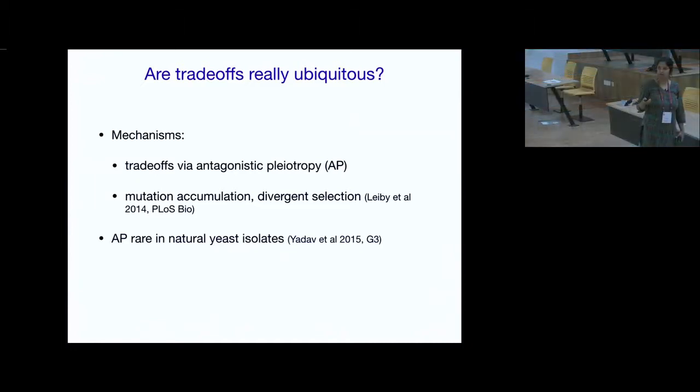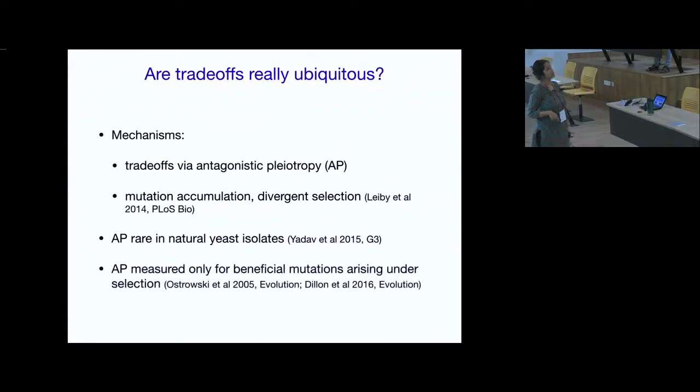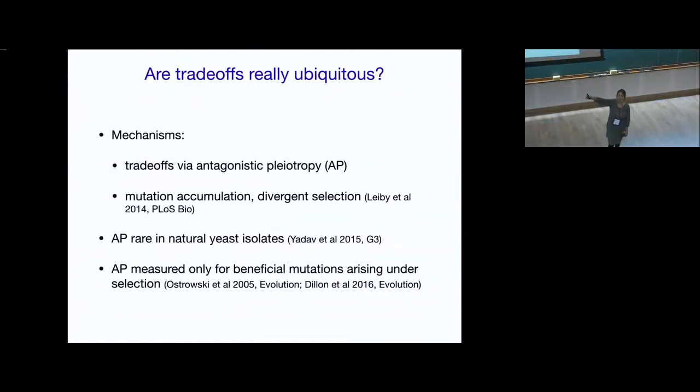There's one previous study in natural yeast isolates showing that antagonistic pleiotropy is rare. And most other studies of antagonistic pleiotropy have largely measured only beneficial mutations that arise under selection. For example, with Lenski's long-term evolution lines, people have asked, if we look at all of these beneficial mutations that arose in those populations, do they tend to have antagonistic pleiotropy in terms of resources other than glucose, and so on?